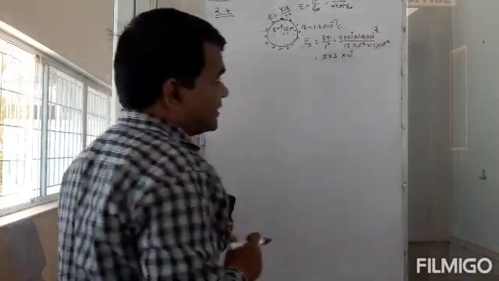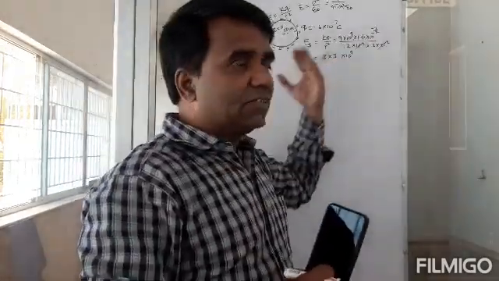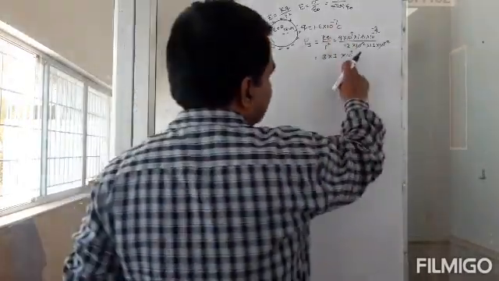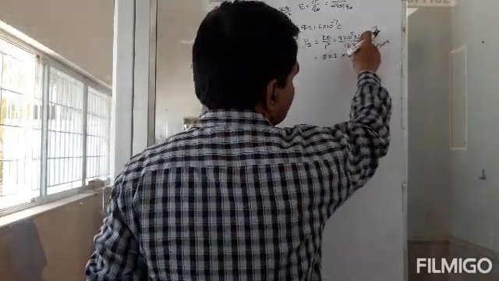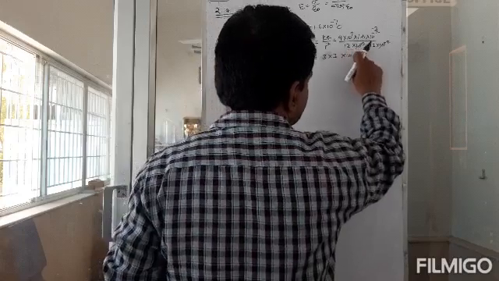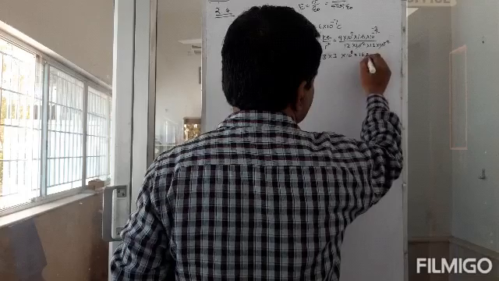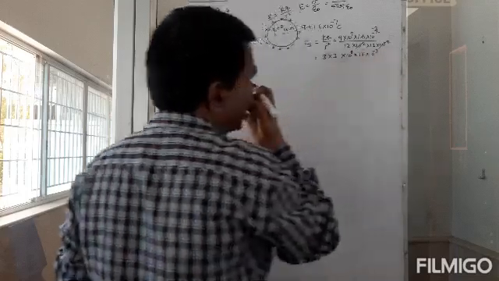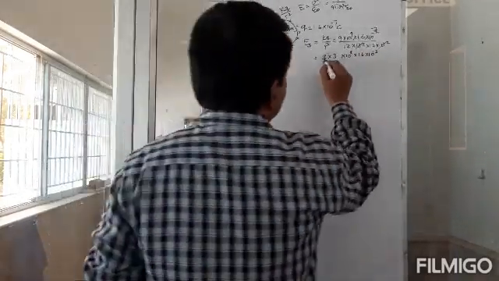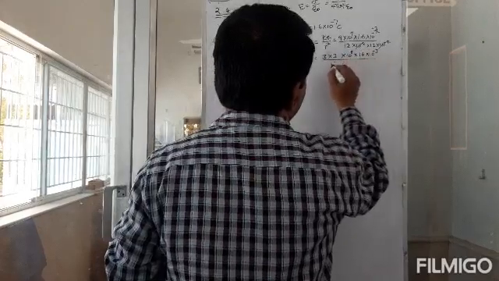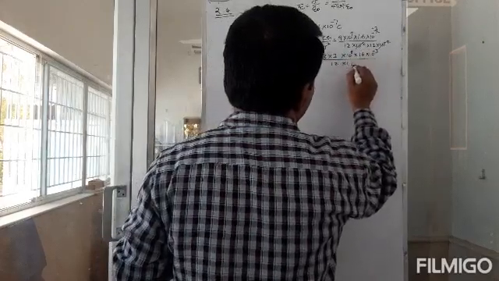For 1.6, I'm going to multiply that by 10 and divide that by 10, or I can take one of the 10s here and use it here. So I can have 10 power 8 into 16, 10 power minus 3, and that is equal to 12 into 12.